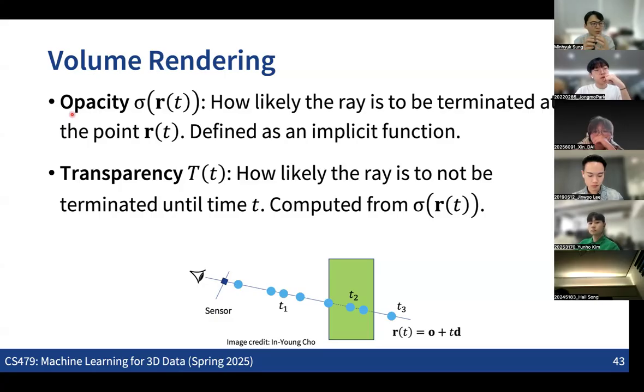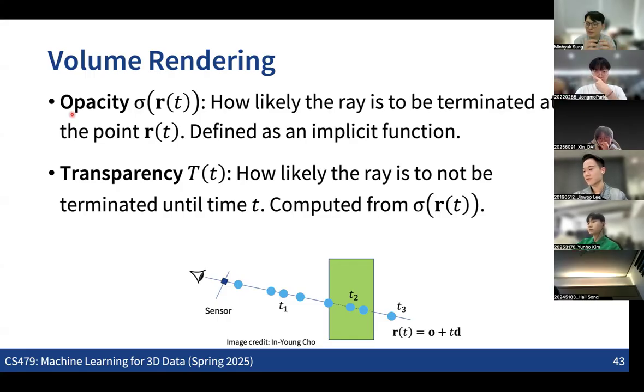So transparency is also a probability of how likely the ray will fly over some 3D space without intersecting any point. So how likely the space until the time t will be empty, not exactly empty, but not making any intersection of the ray with obstacles while the ray is being advanced until this point. That's the probability that we call the transparency.